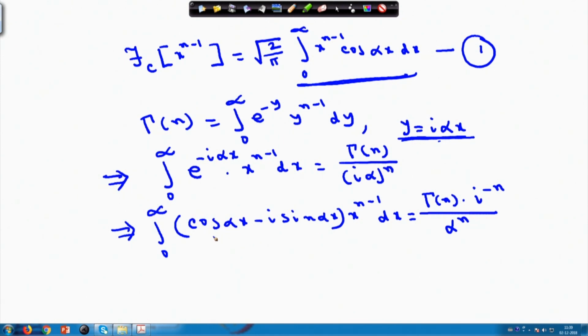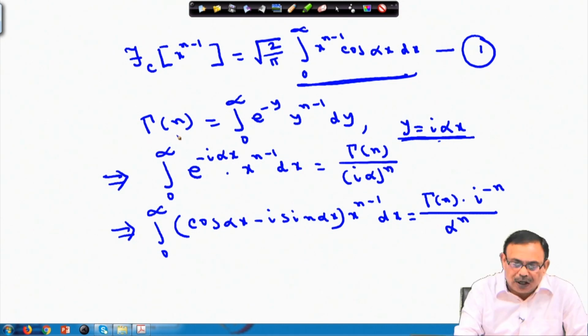n. So you see now it is quite understandable why I started with the gamma function, because gamma n is this thing, and which ultimately, by this substitution y equals i alpha x, I am writing the integral from 0 to infinity of cos alpha x minus i sin alpha x.